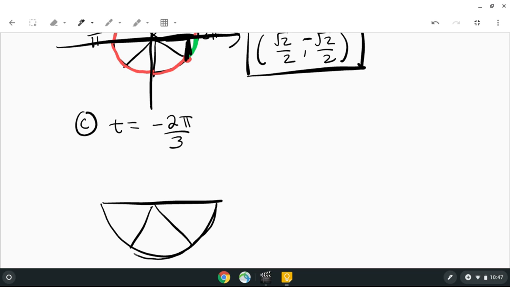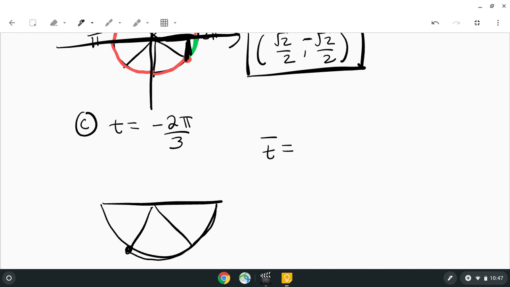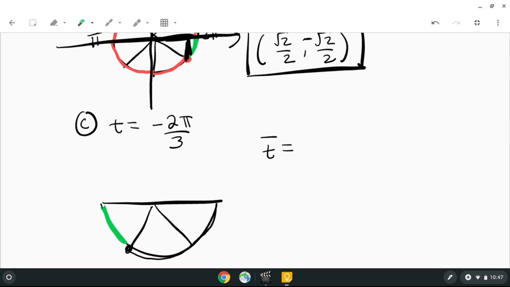So I'm over here. My reference number is that short one, right here, and we see that that is 1/3.